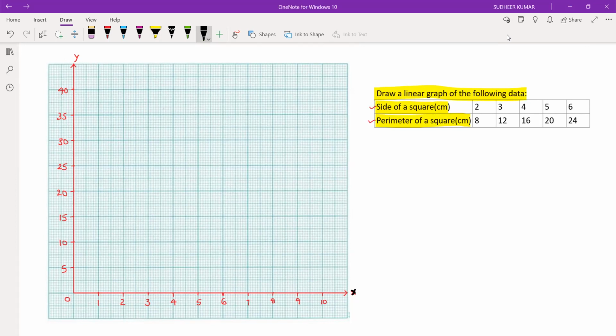This is the x-axis, origin, and y-axis. Let's write this is side of a square in centimeters and perimeter of a square in centimeters.